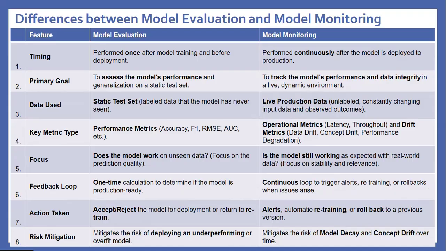Model monitoring, alert, automatic retraining or rollback to previous version. Risk mitigation: model evaluation mitigates the risk of deploying an underperforming or overfitting model. Model monitoring mitigates the risk of model decay and concept drift over time.